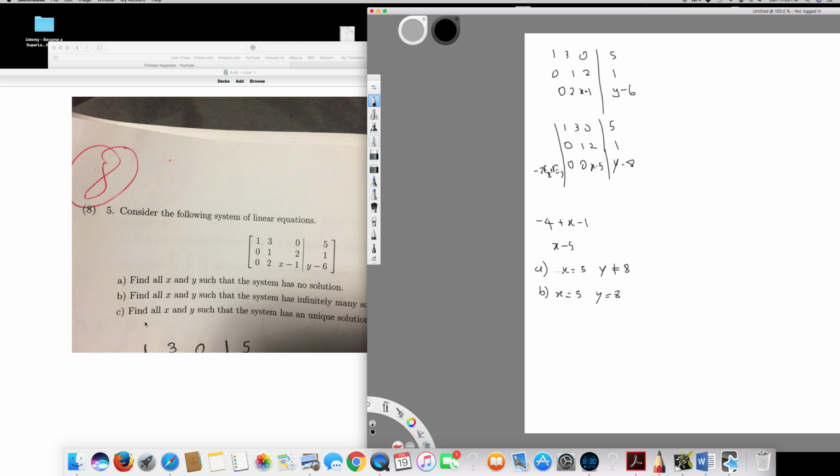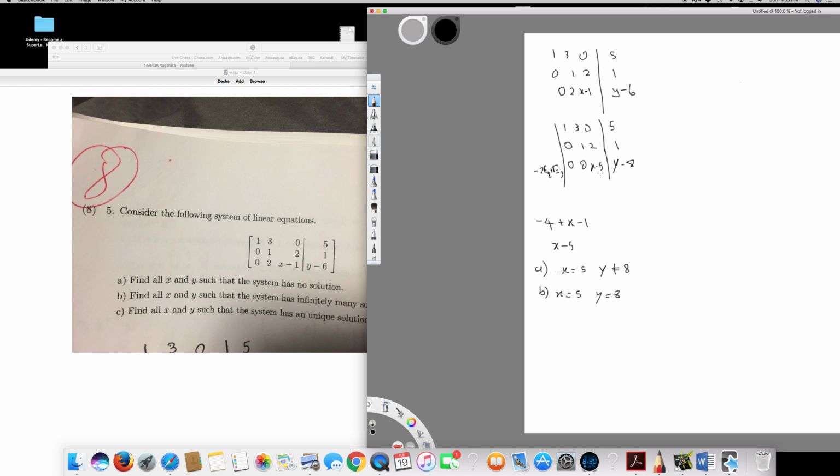And the last question is, find all the x and y such that the system has a unique solution. So unique solution means this all shouldn't be equal to 0. Then only this system has a unique solution. For example, if this one is 0 and this one has a number, then no solution. And if this one is 0 and this one is 0, infinitely many solutions.